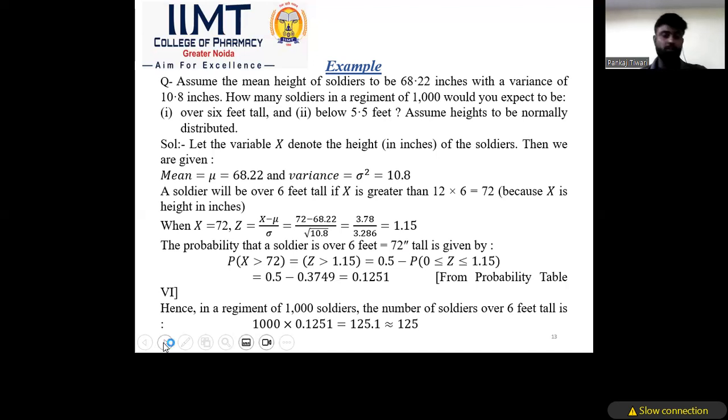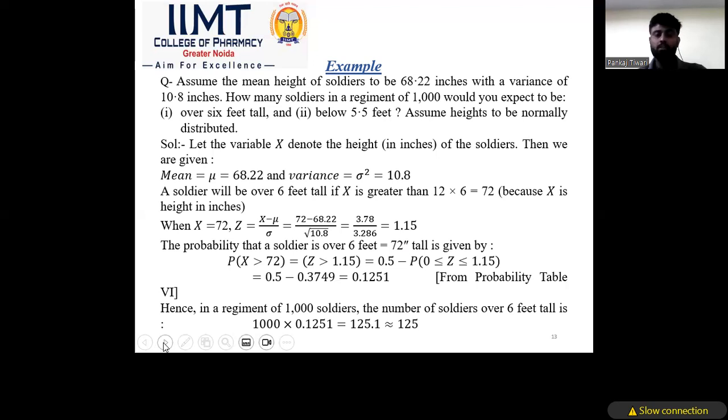The probability that a soldier is over 6 feet tall is given by P of x greater than 72, equal to P of z greater than 1.15. The value for 1.15 from the normal table is 0.3749.